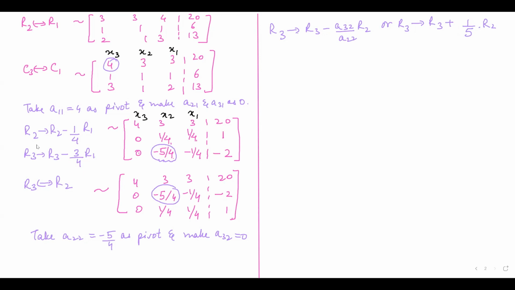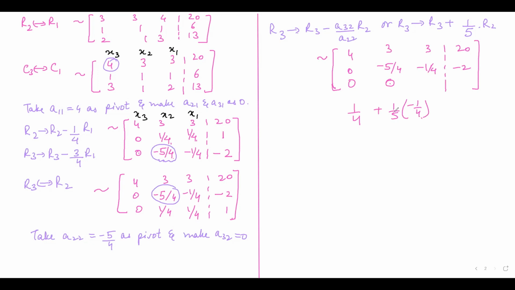So when I apply this elementary row operation, I am getting 4, 0, 0, 3, minus 5 upon 4, 3 minus 1 upon 4, 20 minus 2. This becomes 0. Now, this is 1 upon 4 plus 1 upon 5 minus 1 upon 4.